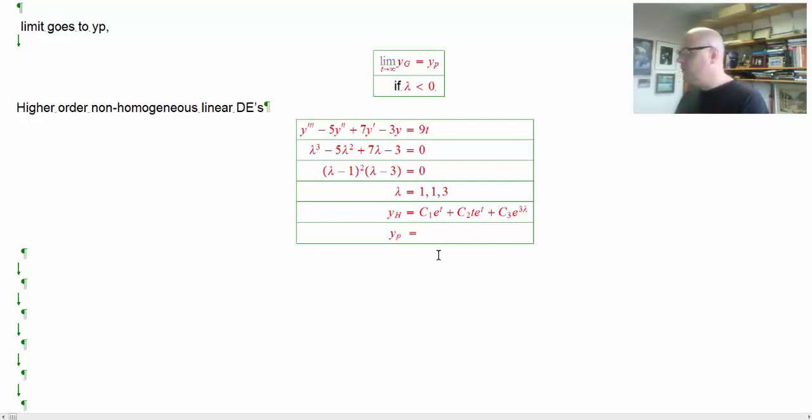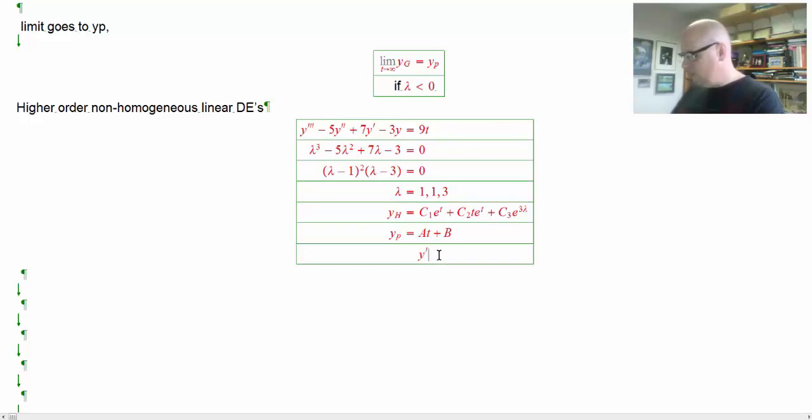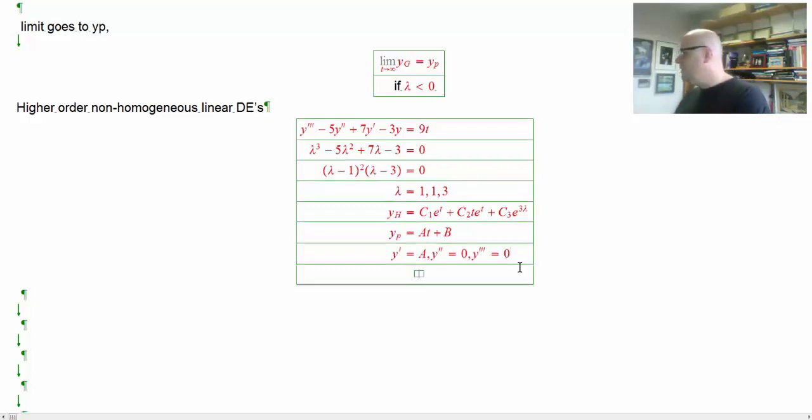So our target function here is a line, so I'm guessing the most general line. I need the derivative of that, which would be just a, and the second derivative is 0, the third derivative is 0.